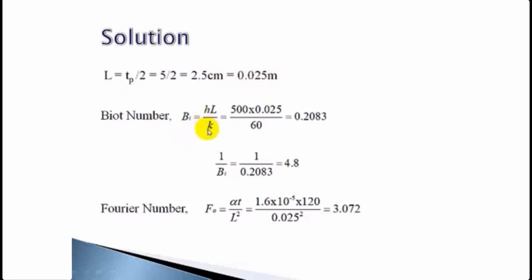Now you can calculate the Biot number. Biot number is hL by k, which is 500 into 0.025, the characteristic length, divided by thermal conductivity 60. You get the Biot number as 0.2083.